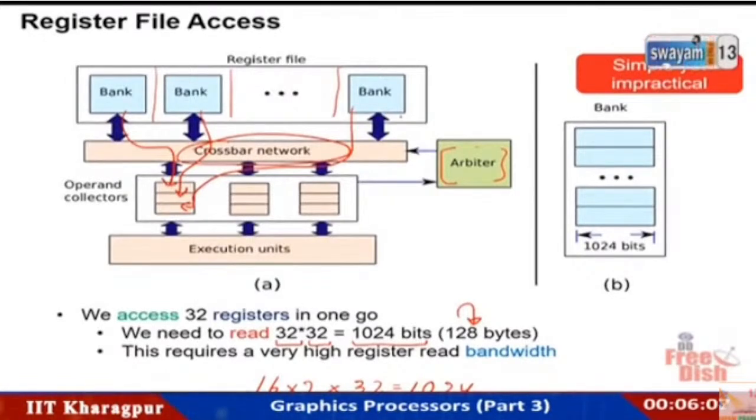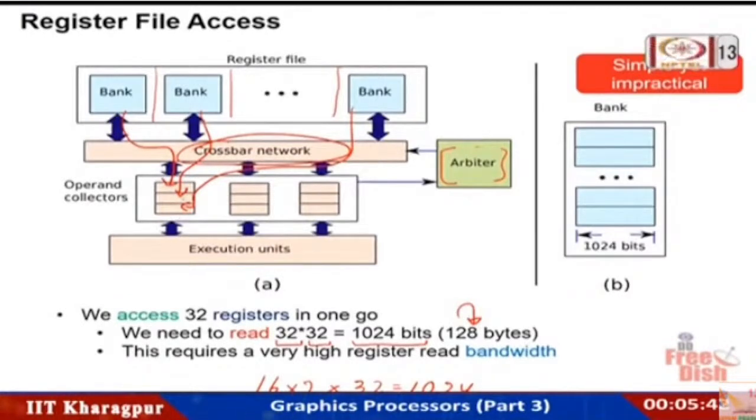This is a fast access and there is also parallelism. We have exported the complexity to the network. That's the reason we need an intelligent arbiter. But once that is done, all the 1024 bits can be read and stored in the operand collector, and from the operand collector, the data can then seamlessly pass through to the execution units.